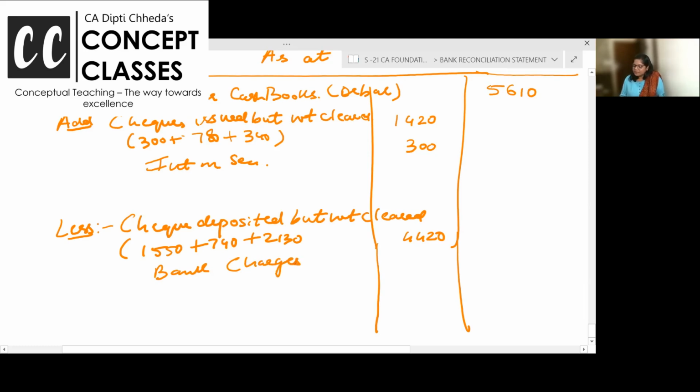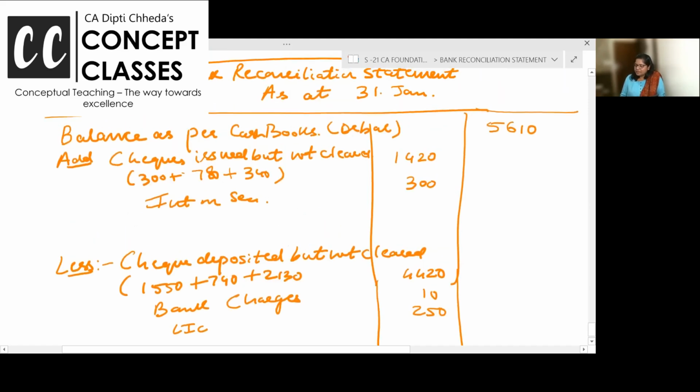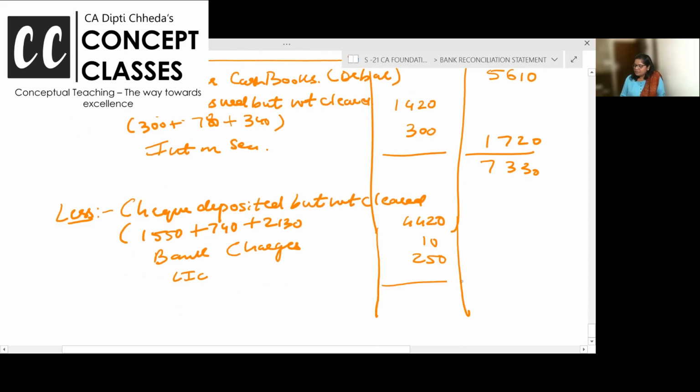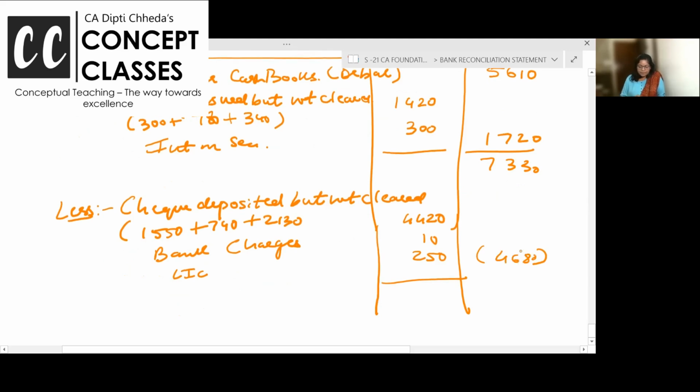Bank charges 10. LIC 250. Up karo. Just do the plus minus.